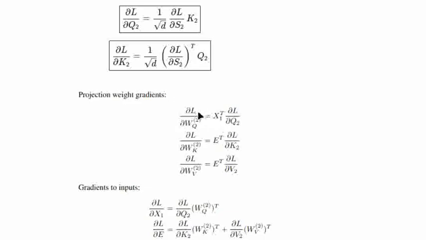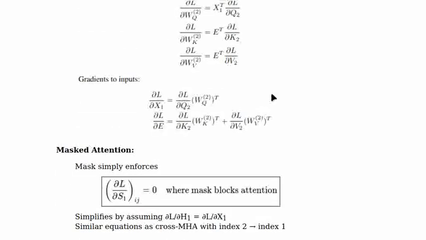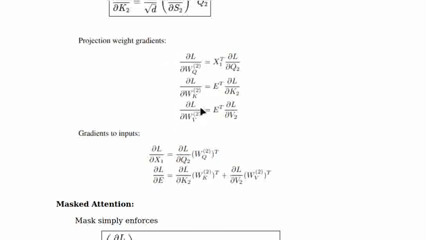Like dl dWQ is x1, the input transpose, dl dQ2, and dl dWK is E transpose dl dK2. Remember, the key is generated from E, and Q is generated from x1. And dl dWV is E transpose dl dV2. And with these gradients of weights known, then we can update the weights as discussed before.